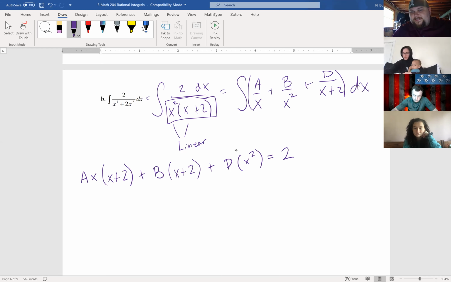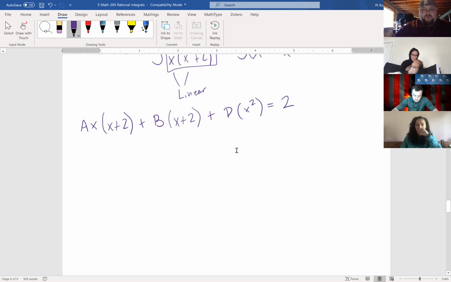So all I did was I skipped the step where I wrote out the denominators. They're all going to be equal if I do it correctly, and they're all going to cancel. So I don't really need to put them. But of course, until you get comfortable with it, you might want to keep doing it. So multiply this all out.